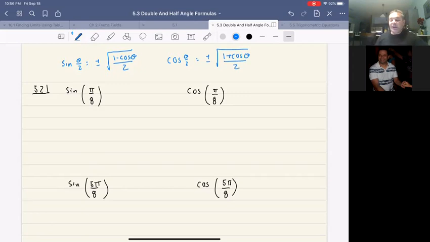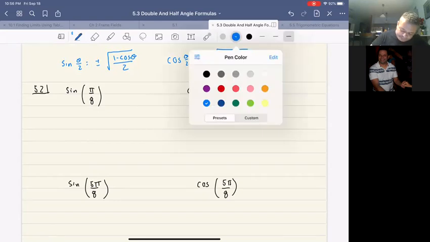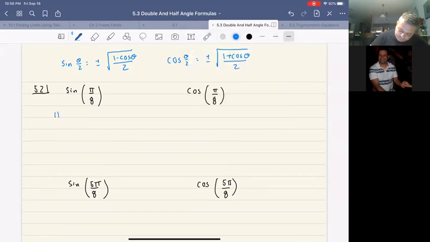Okay, so now pi over 8. That's 1/2 of pi over 4. And we know the cosine of pi over 4, at least we should.